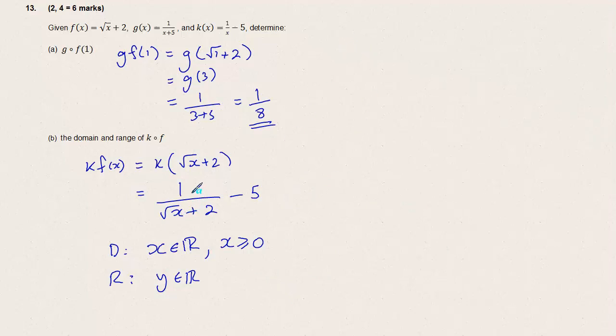So what we could do is take x equals 0. So that would give us a half take away 5, which is negative 4.5. So it can actually take the value negative 4.5. Now think about tending x to infinity.